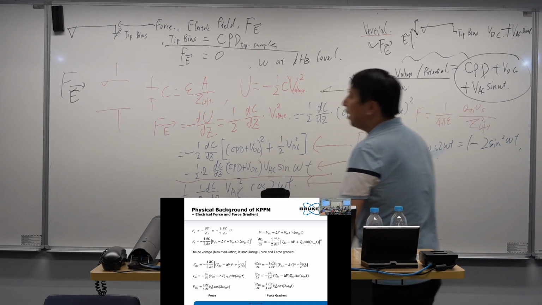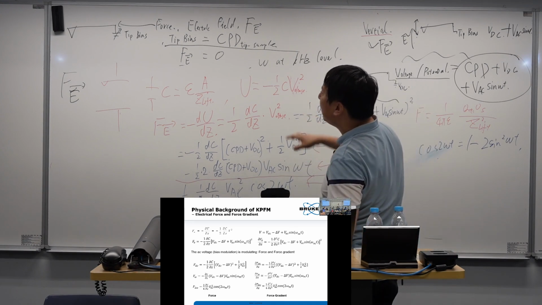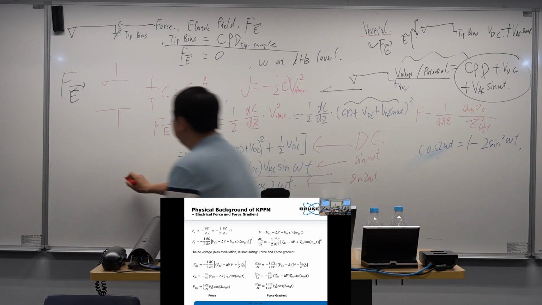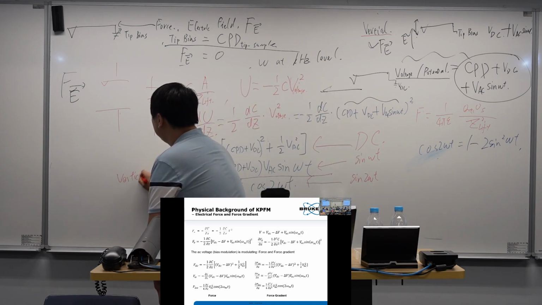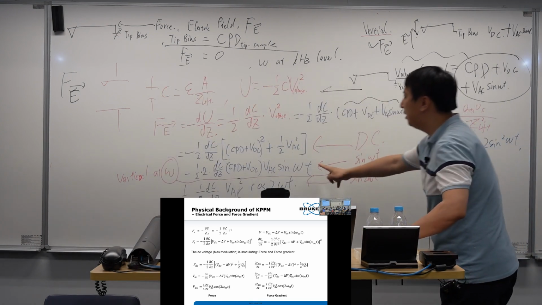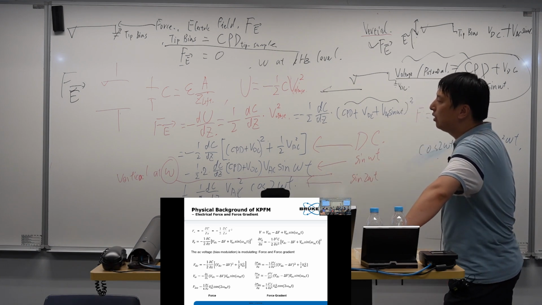So at this time, I don't need to take a look at the vertical in general, but I take a look at the vertical at omega. So I would only take a look at this term.